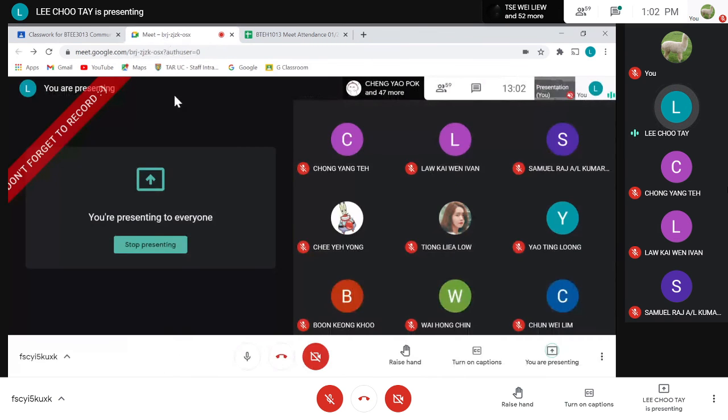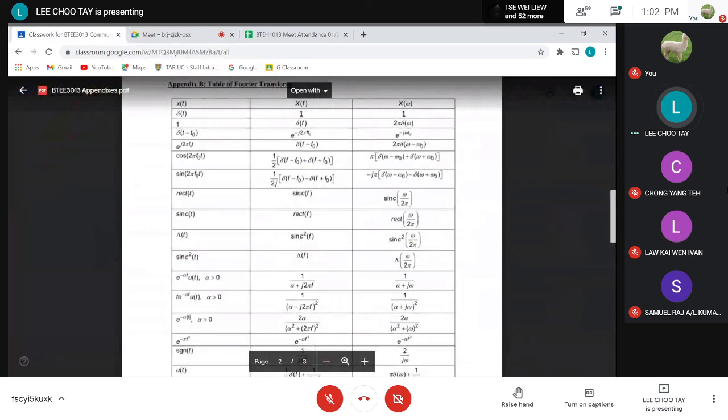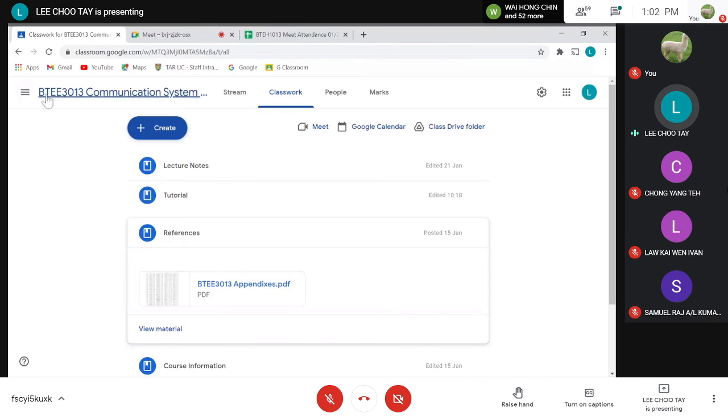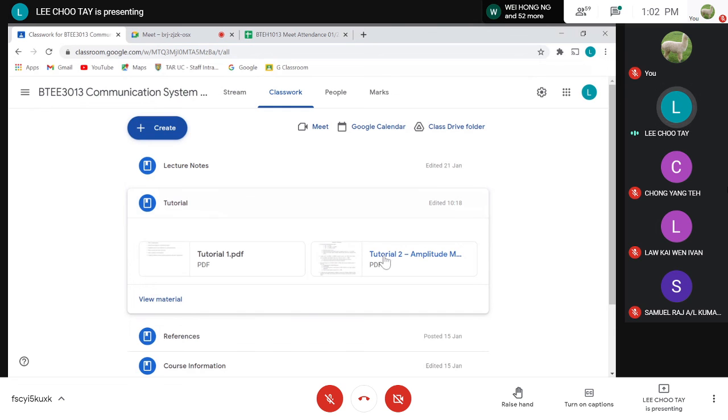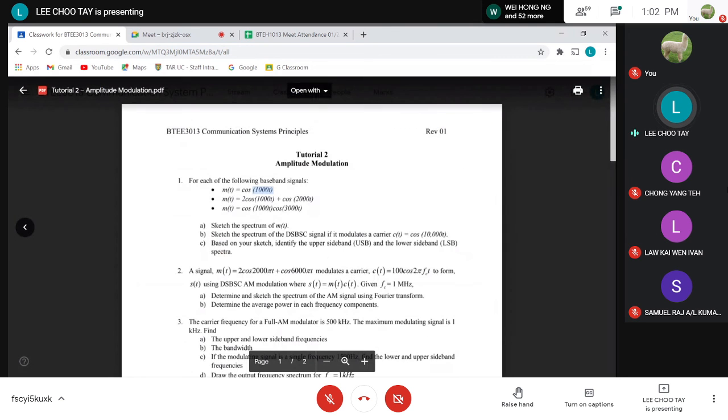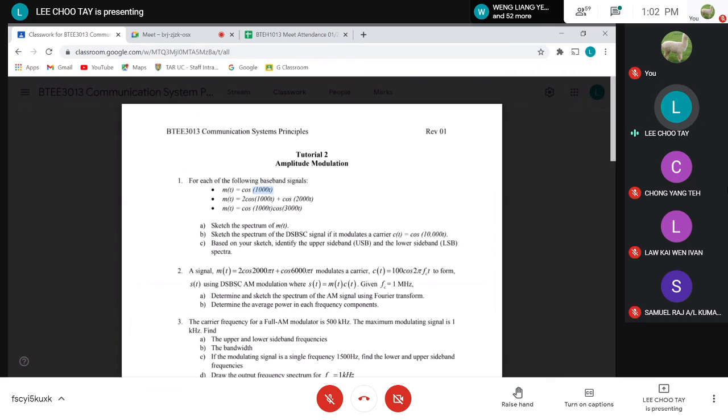So you can do your tutorial already. It's going to take some time for you to plot, so I hope you can try to do this on your own. For the coming tutorial session, I won't show you all, I'll show you maybe one or two, and then we move on.